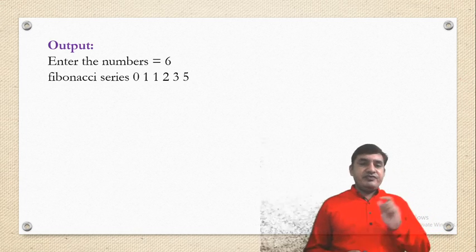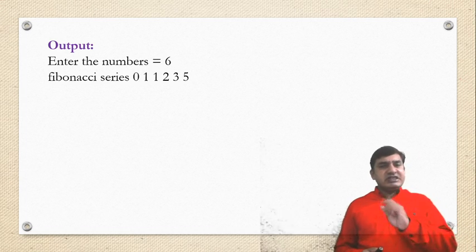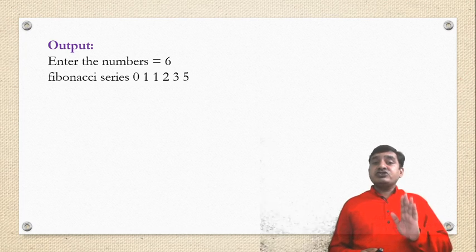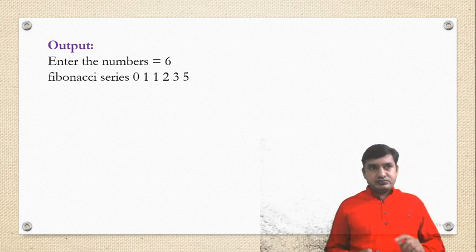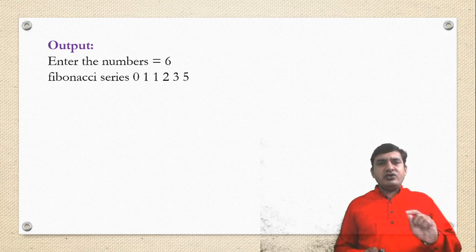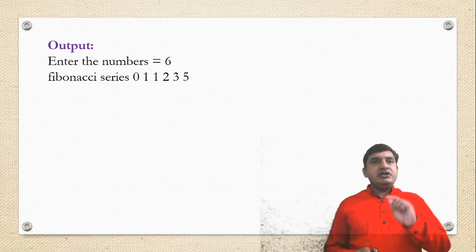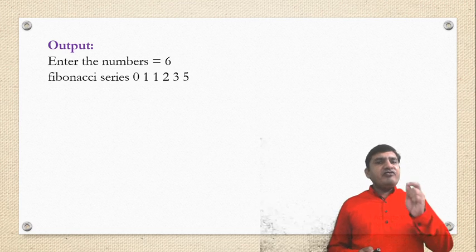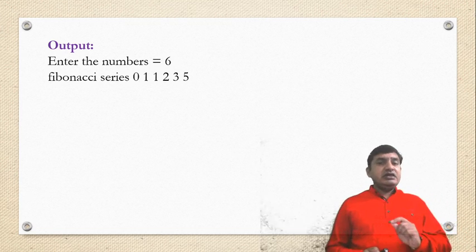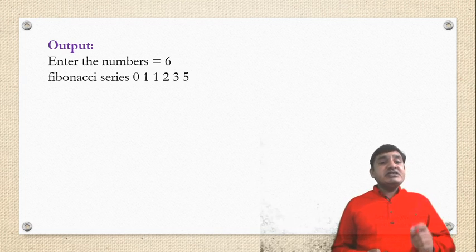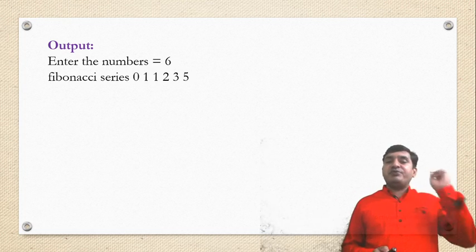Now the Fibonacci series, our output is: enter the number, that is n, which is 6. So the Fibonacci series consists of 6 terms. FIB[0], that is the first element of the array, is 0, which is the first term of the Fibonacci series.